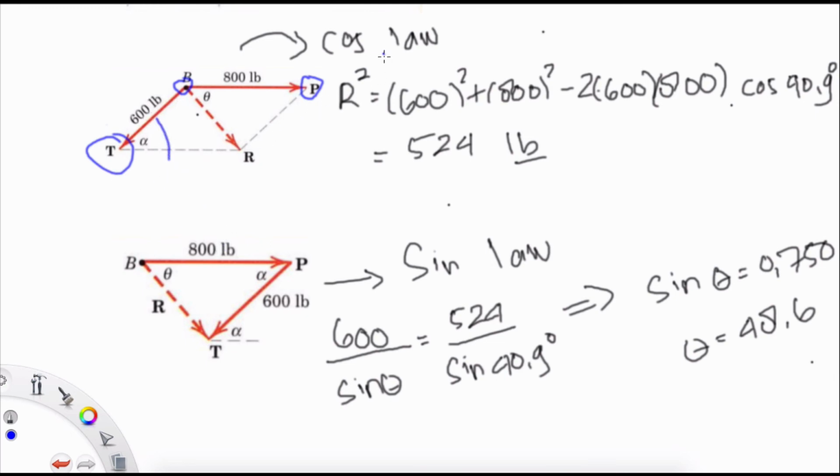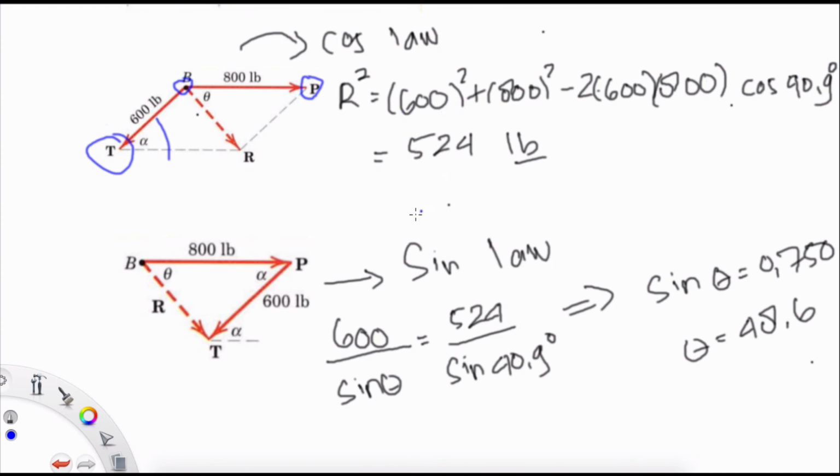So what we are doing is using the cosine law. Using R squared, it will be 600 squared plus 800 squared minus 2 times 600 times 800 cos of 40.9 degrees.